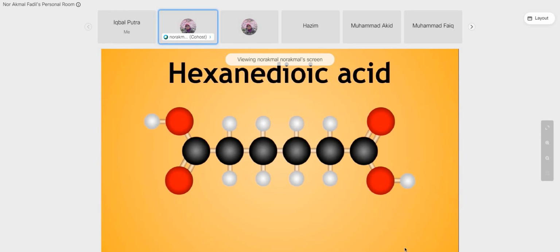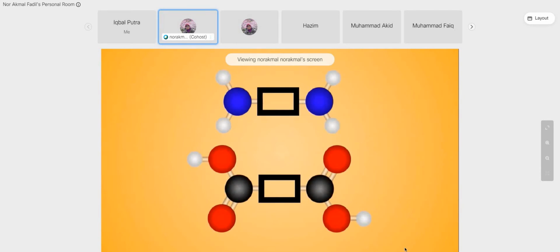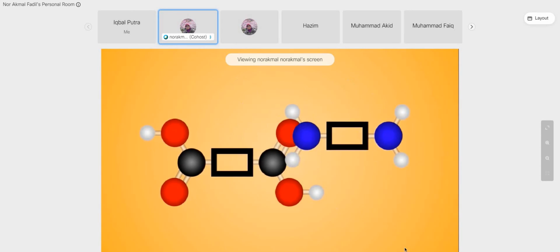Since both these molecules have long chain carbons, they are only complicating the visual structure. Let us remove these and replace them with rectangular blocks. You can now see the functional groups at the ends of each molecule, a carboxylic acid and amine group positioned next to each other.